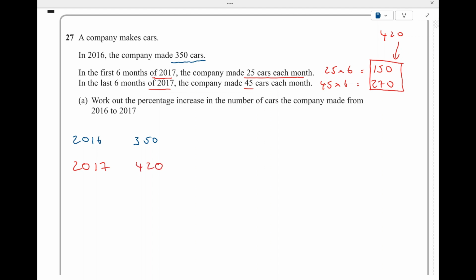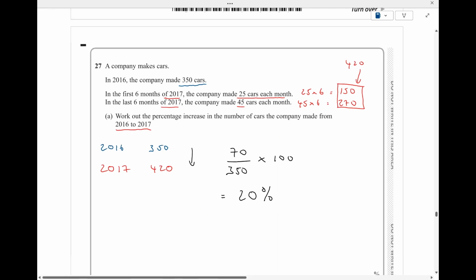I haven't really read the question yet. Let's have a look. Work out the percentage increase in the number of cars that the company made. So that's going to be the increase, which is 70, over the original, times by 100. So 70 divided by 350, times by 100, equals 20% increase. It increased by 20%.